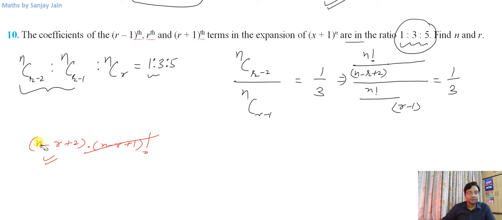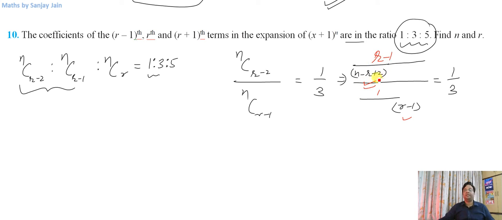Okay, what else? I can cancel this n factorial with this n factorial. So I'll write 1 here and 1 here. Now this will go in the numerator, so it will be r minus 1 divided by n minus r plus 2, and this will be 1 by 3. So let me remove this also.